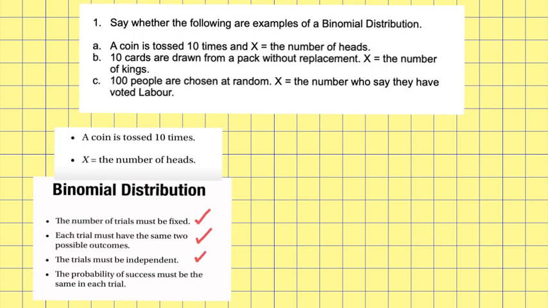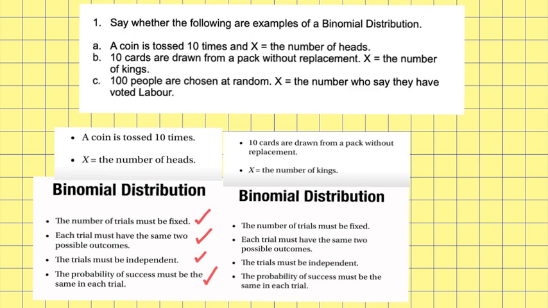Well, yes. When we toss a coin, each toss is independent of the other. It doesn't affect each other. And the probability of success must be the same for each trial. Yes, the probability of success is a half in each case. So yes, we can use the binomial distribution for this particular scenario.